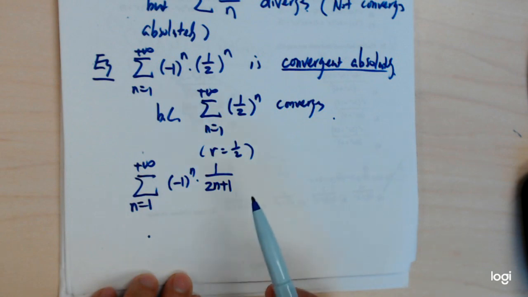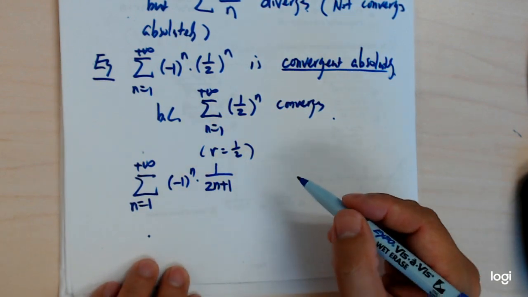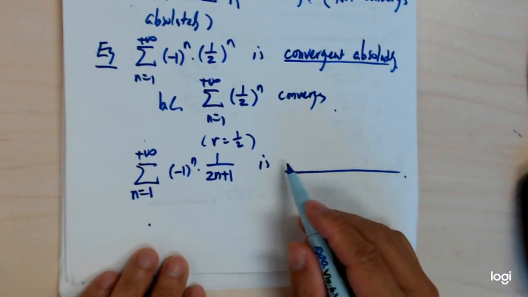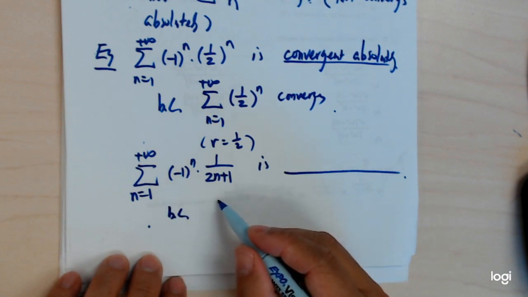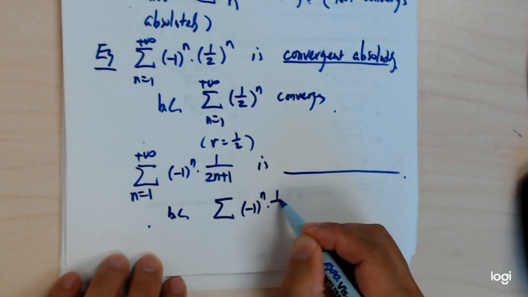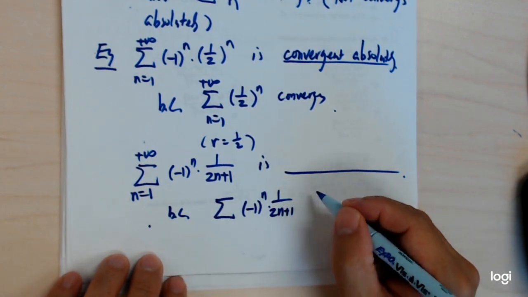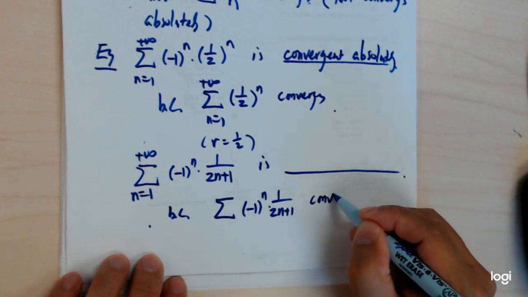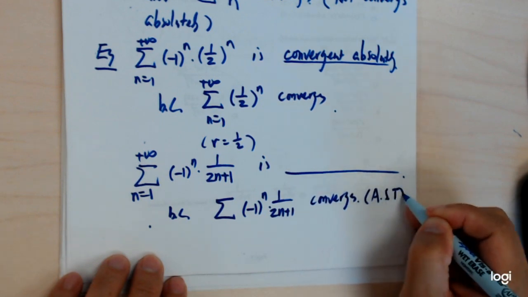So once again, by alternating series test, this series itself converges. We're trying to fill in the results here. Because this one converges by the alternating series test.